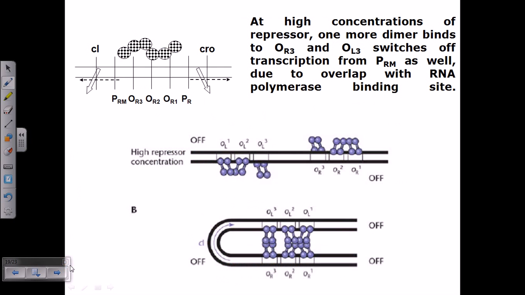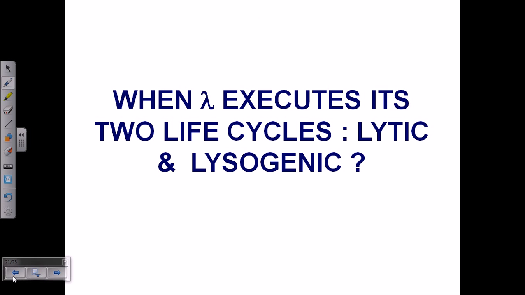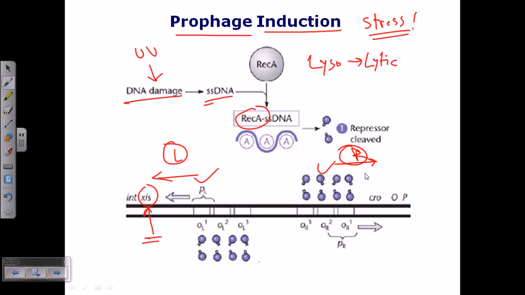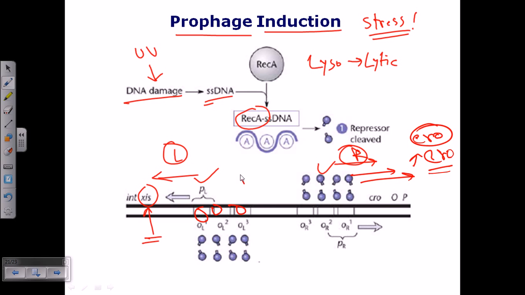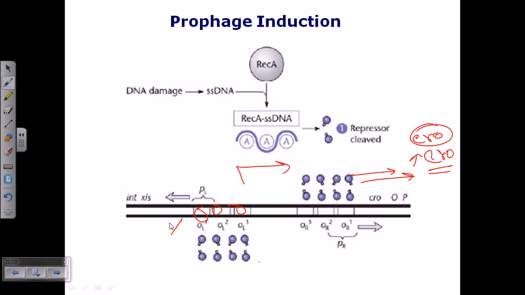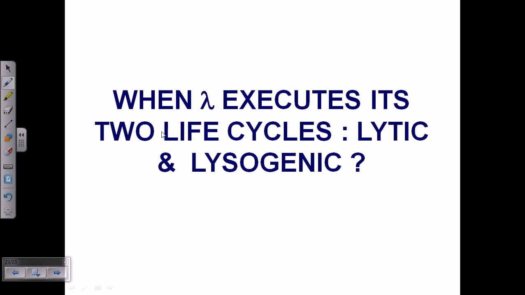As the phage genome comes out, they also transcribe from the right promoter region, and start producing more and more Cro. As they produce more Cro, the Cro binds to OL1, 2 and 3, enhances the transcription on the right-hand side, and blocks the transcription on the left-hand side. So it converts into the lytic cycle, lysis of the cell is established, and then the phage particles can come out.